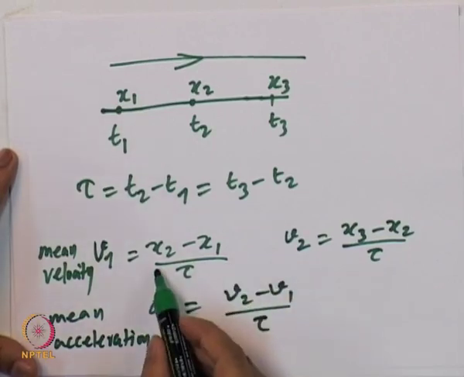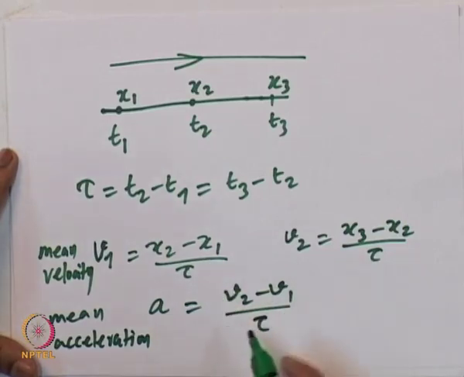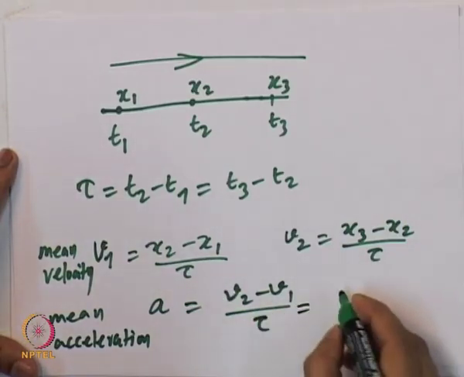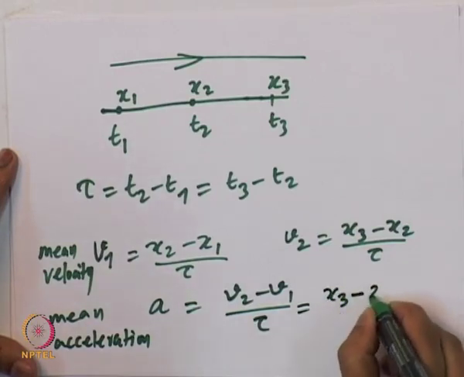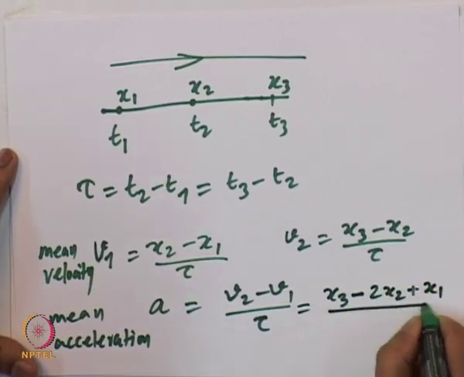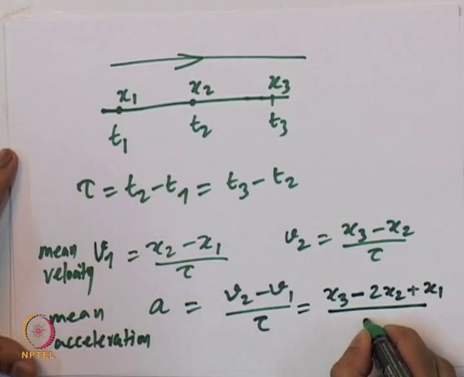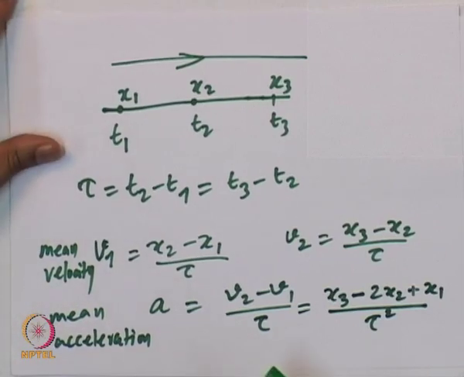If you substitute the value of v2 and v1, you will get an expression for acceleration which is x3 minus 2x2 plus x1 divided by tau square. So this is the basis for us to talk about something very unique about time, which normally in engineering literature we do not make use of.